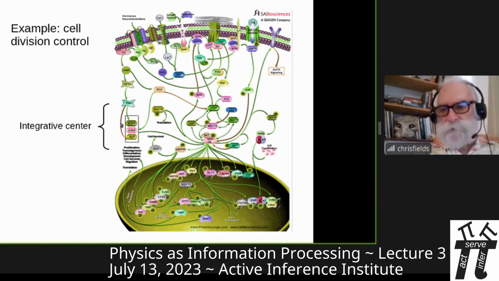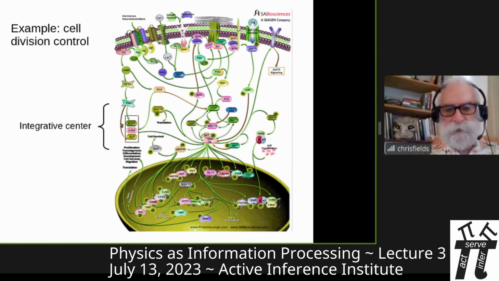And the stuff in the middle of this reference frame, which I've labeled the integrative center, are three molecules called RAF, MEK, and ERK. And they're connected by bidirectional feedback loops. And they basically negotiate the default value of the environment at which the cell does nothing.